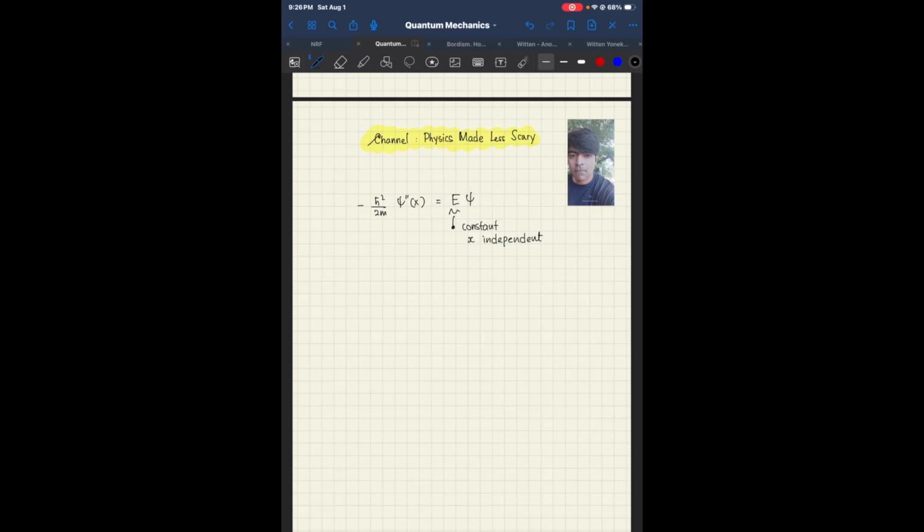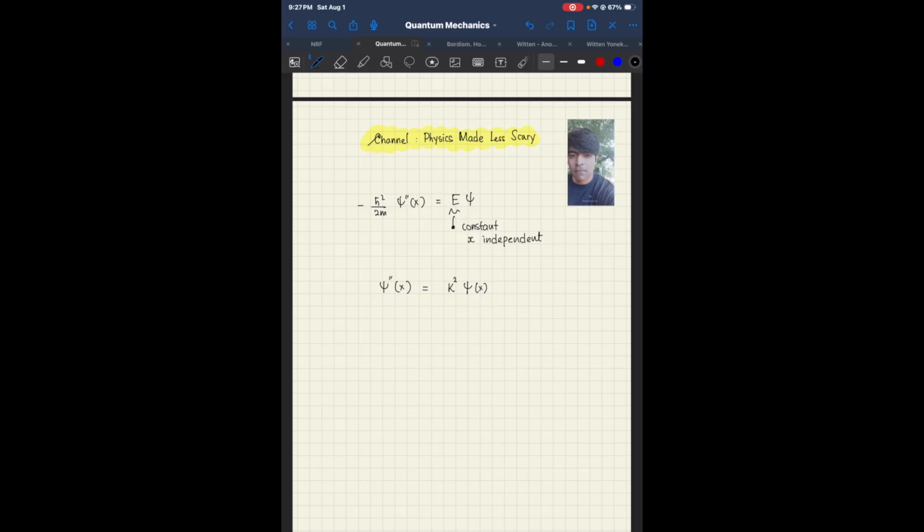Well, because this is a constant, you can write your equation as psi double derivative of x is equal to minus k squared times psi of x, right?